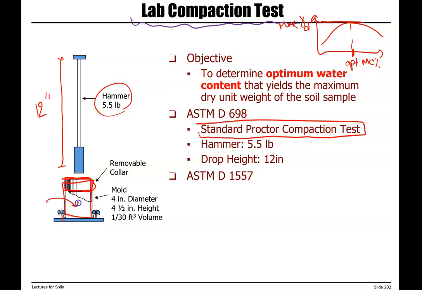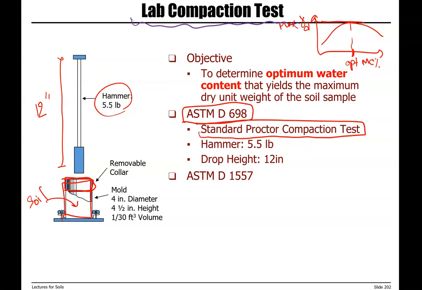We place our soil in here and use the hammer to compact our soil. This is the standard Proctor compaction test, which is what we usually use in lab to evaluate level of compaction and to find the optimum moisture content required to achieve the maximum level of compaction.